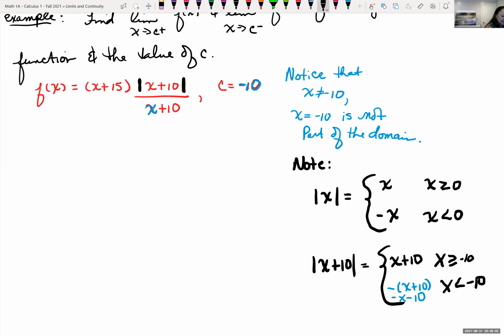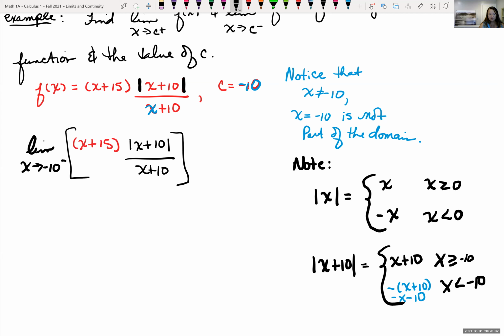And then again, we're looking at the limit as x is approaching -10 on the left-hand side of this whole function. We can break this whole function down, and that could be helpful when taking the limit. Remember, if we were looking at the limit as x approaches a number of a product of two different functions, we could break it down as the limit of the first times the limit of the second.